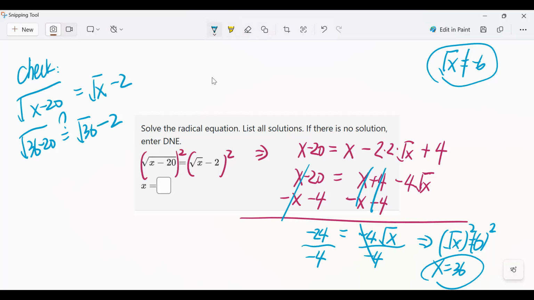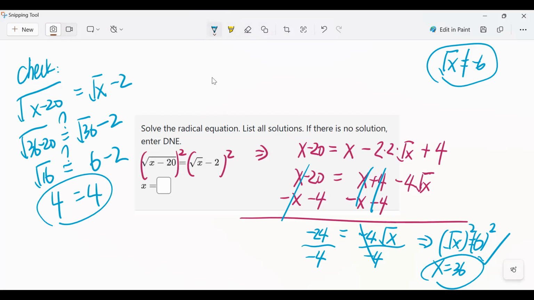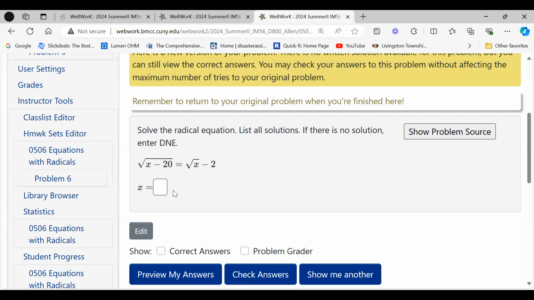So the square root of 36 minus 20 is the square root of 16. And this is 6 minus 2. This is 4, and it's 4 on the right. Okay, so we check it. This is good. The solution is 36. So the answer is just going to be 36.